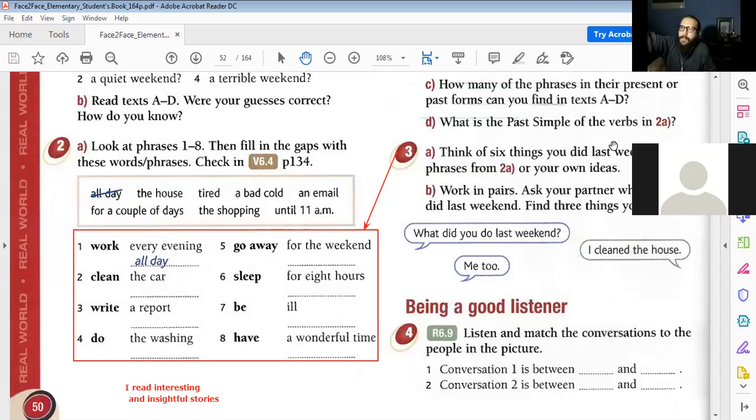Okay. Yes, and I read some stories on the internet. On the internet? On the internet. Okay. I read some stories on the internet.